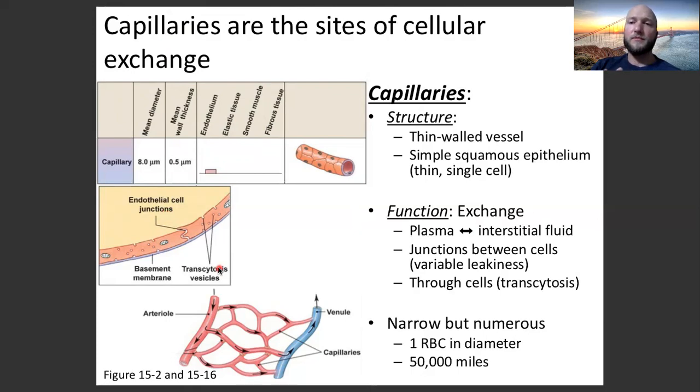There's variable leakiness depending on what's going on in the area. If white blood cells need to get to the area outside the capillary, they can actually make the capillaries more leaky, for instance. So there's a number of things that can affect the leakiness.